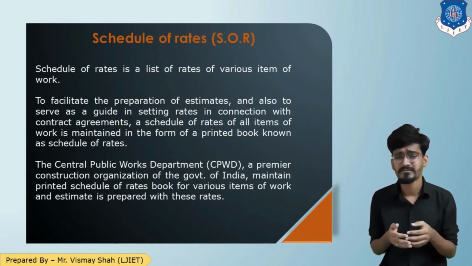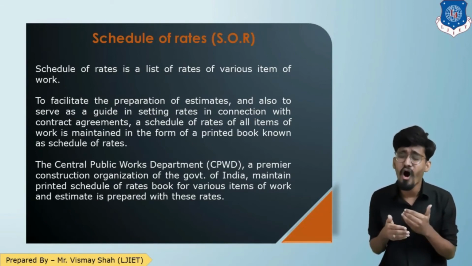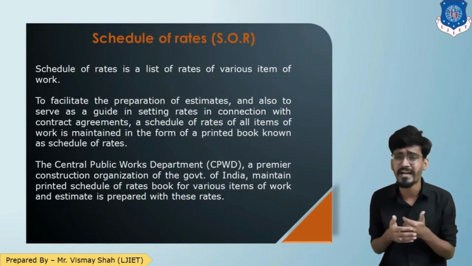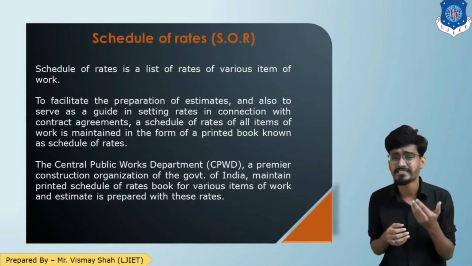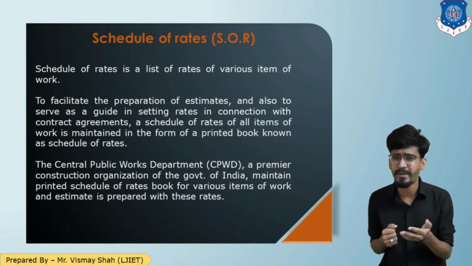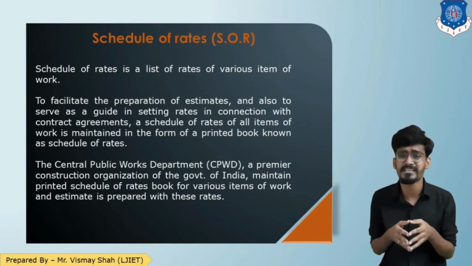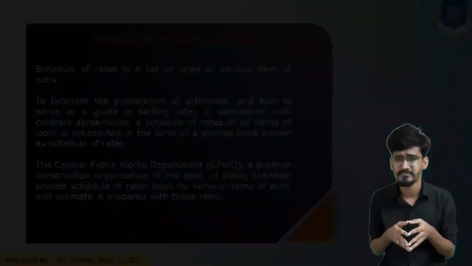Students, it is a printed book with the rates of all items of work, which serves as a guide to fix the contract agreement or in preparation of estimates. The Central Public Work Department generally prepares this Schedule of Rates.